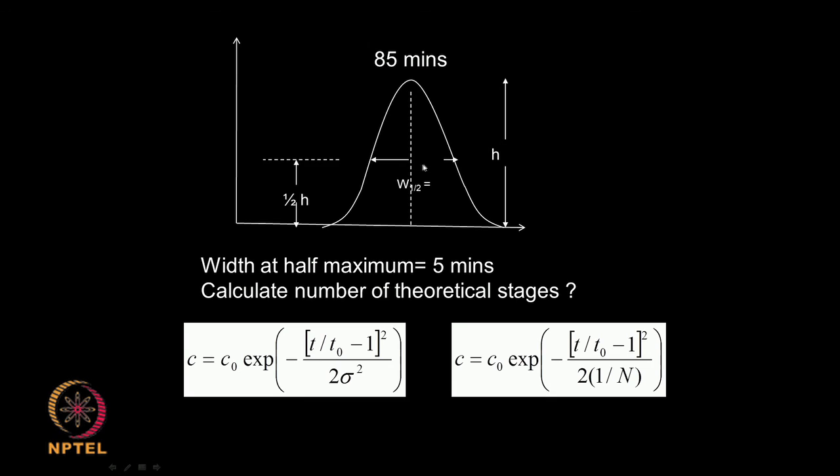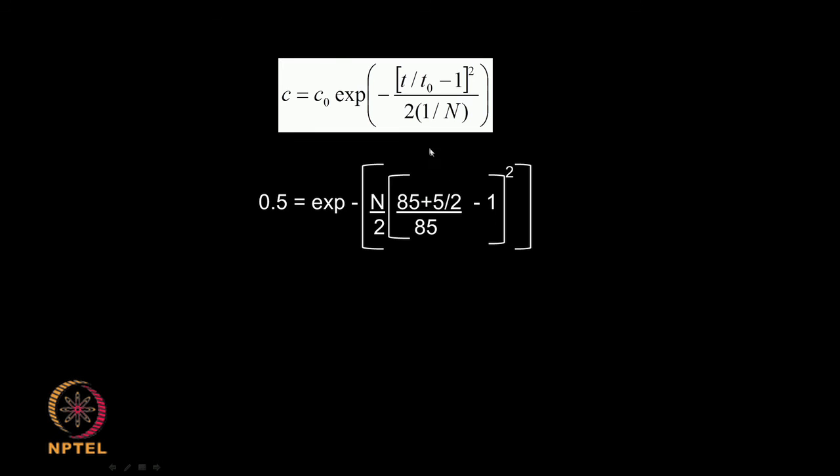So, if I divide by 2, this will become 2.5, this will become 2.5, and this concentration is exactly half of C naught. So, C by C naught at this place will be 0.5 and the time will be 85 plus 2.5, and that is what I am doing here, T naught is 85, okay, and instead of sigma square I have put 1 by n, that is why here I have put 0.5, from there I calculate n. Understood? A little bit tricky, but it is not very difficult to work out.